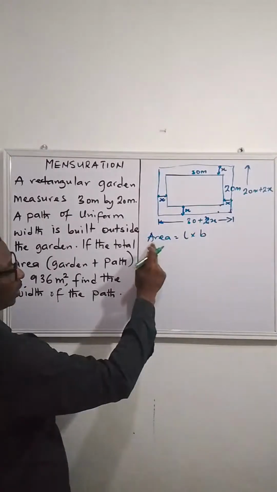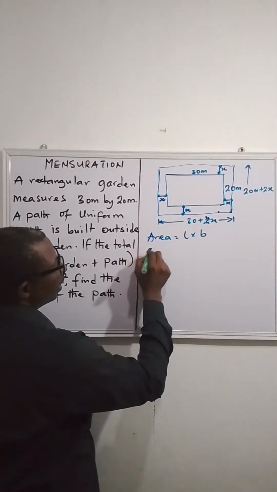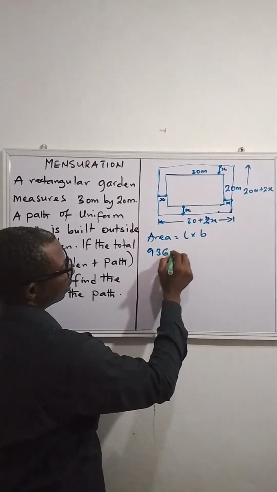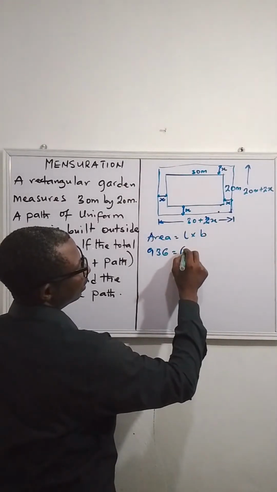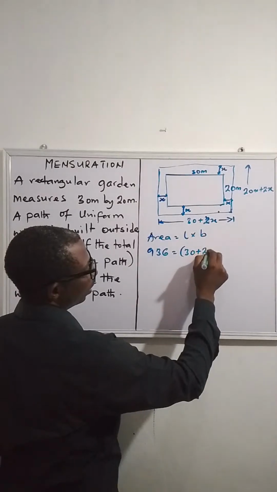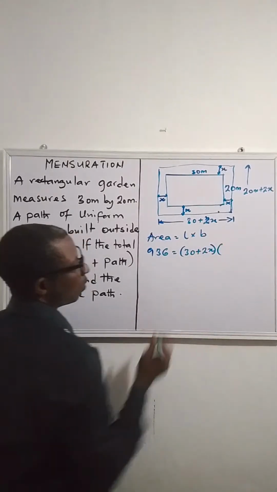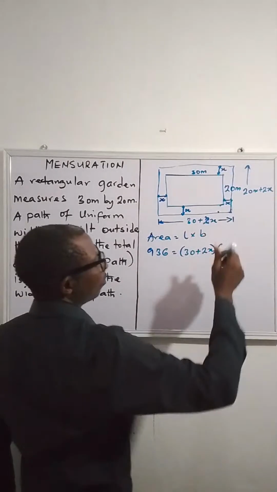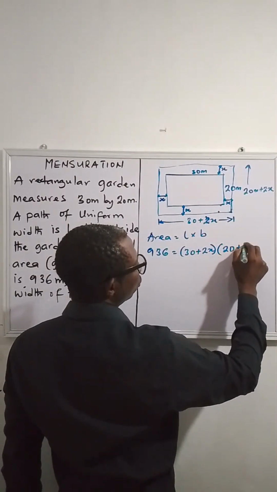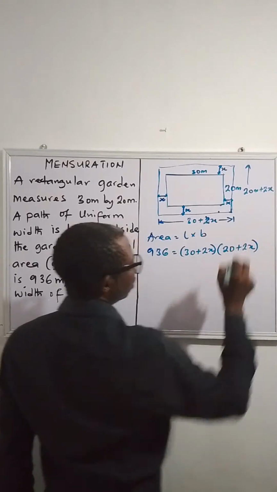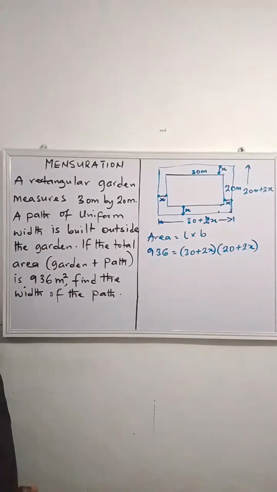Now, the area has been given to be 936 equals the length. The length is 30 plus 2x. And the breadth is this, that is 20 plus 2x. All right.